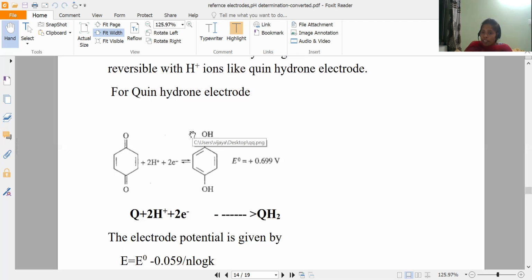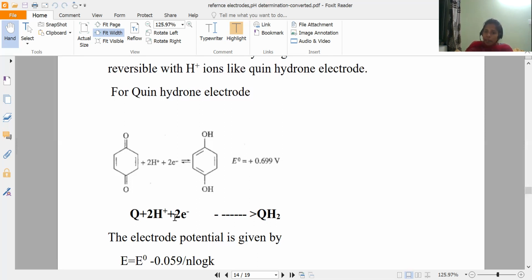We can't apply the Nernst equation to structures, so instead of writing the structures, we represent them as formulas. Quinone can be represented as Q, and hydroquinone as QH2. So Q plus 2H+ plus 2 electrons gives QH2. Again, we can write QH2 giving Q plus 2H+ plus 2 electrons.